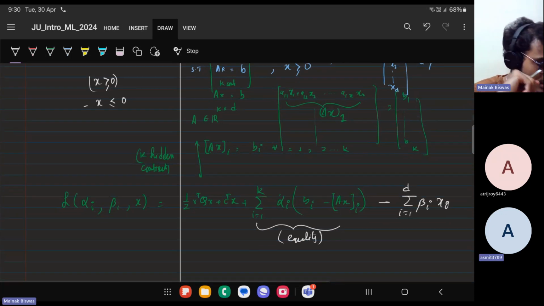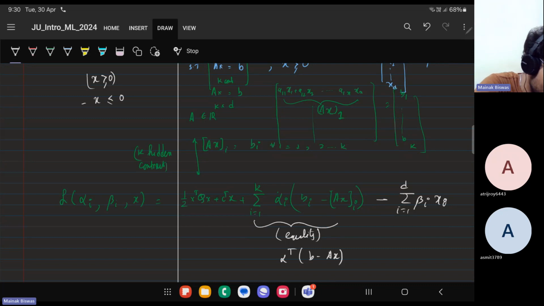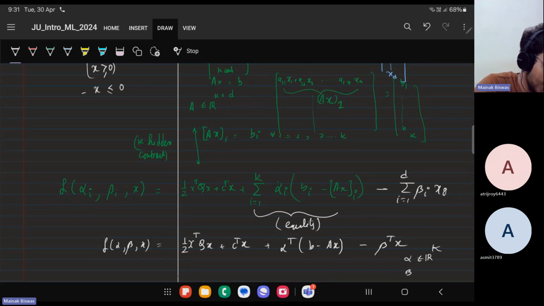Alpha transpose into B minus AX, very good, you have learned. Minus beta transpose X, where alpha and beta are vectors. Alpha is a K dimensional vector, and beta is a D dimensional vector.